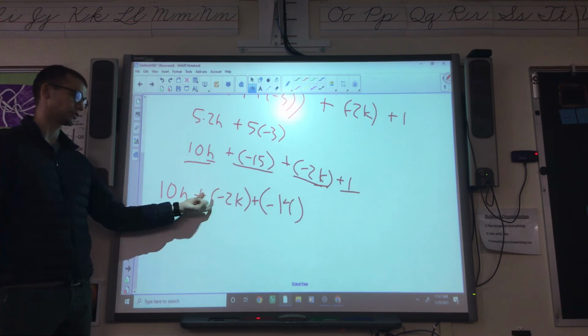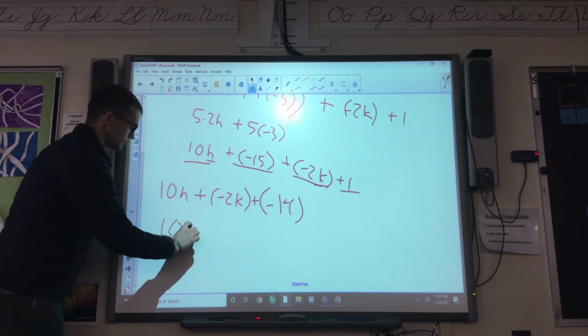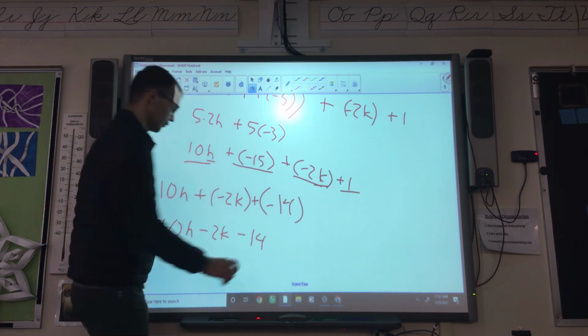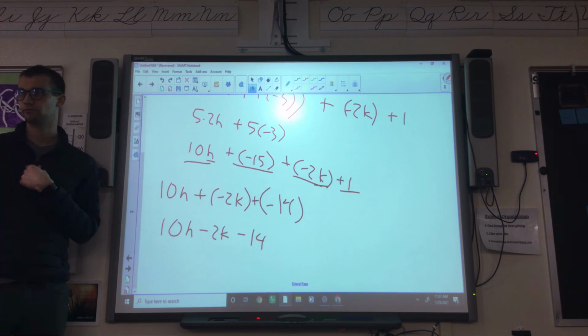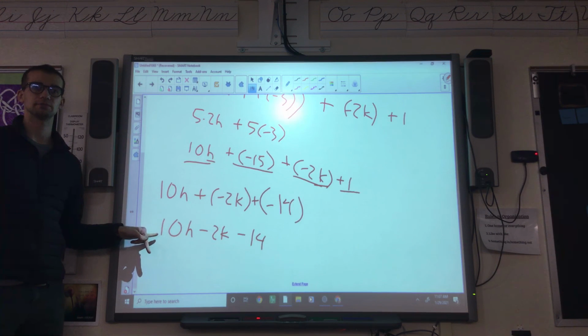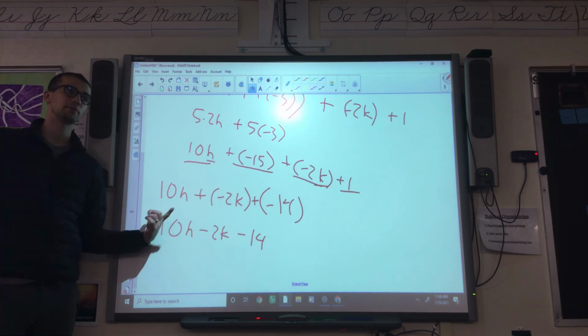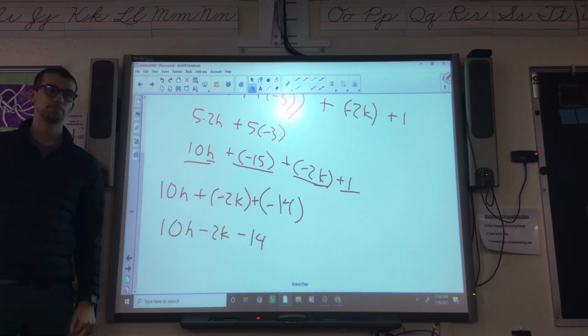And at this point, yeah, you can remove the parentheses, you can remove these addition signs. You could just say 10h minus 2k minus 14. Those are both the same thing. I don't care which one of them you have. This one is technically a little bit more simplified, but I really want you guys to get used to being able to use the commutative property, so I'm okay if you guys leave the parentheses up. Okay, you can pause it.